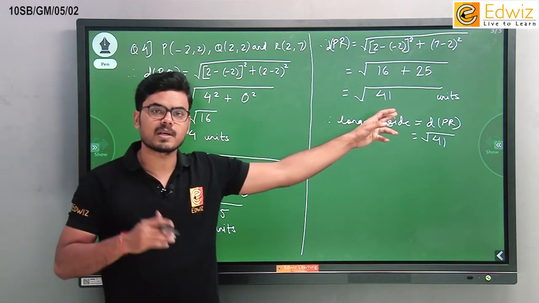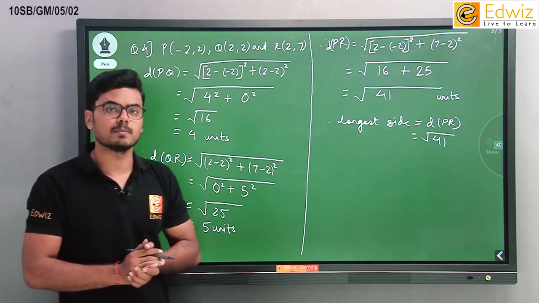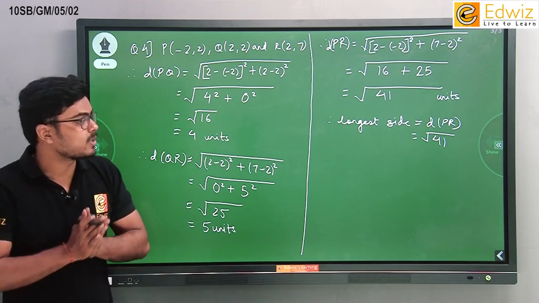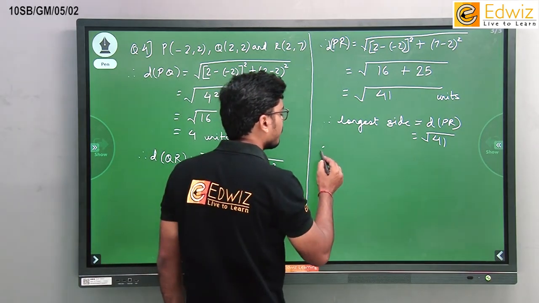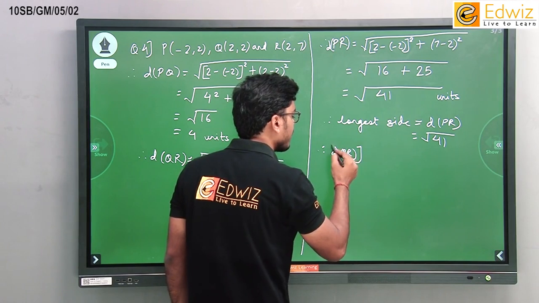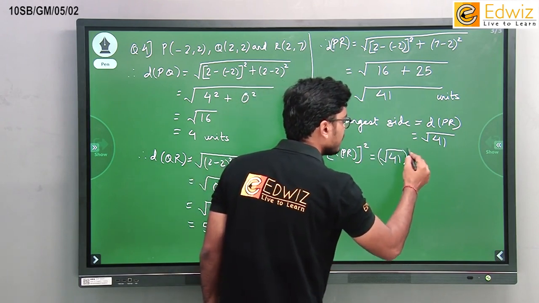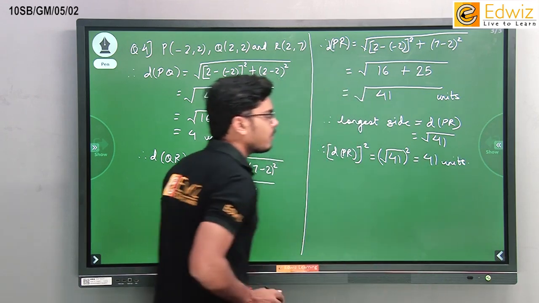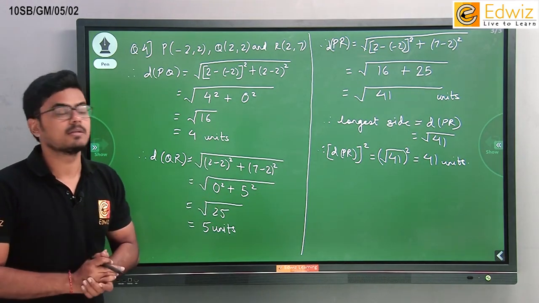Root 41 मतलब क्या? 6 के भी square से बड़ा है वो. That means obviously it is 6 point something, correct? Which is bigger than both these values. So वही सबसे बड़ा distance. So इसका मतलब क्या हुआ? इस distance का अगर मैं square करता हूँ, okay, therefore distance PR square is square root of 41 का square, which is nothing but 41 units. Okay, तो इसका square should be equal to sum of squares of these two distances.